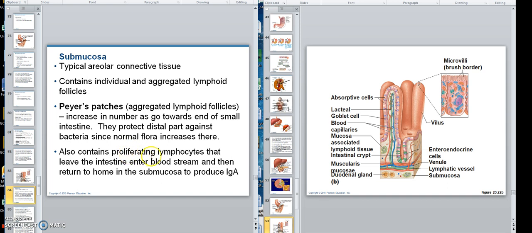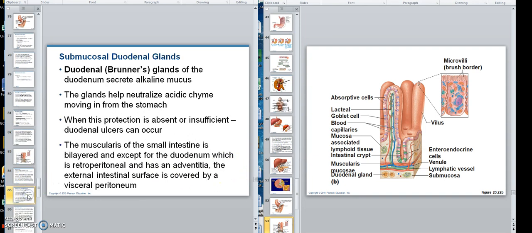Also contains proliferating cells that leave in the bloodstream and then return home to produce IgA for secretions. Brunner's glands secrete an alkaline mucus. Brunner's glands, duodenal glands, alkaline mucus, help neutralize acidic chyme that comes in.